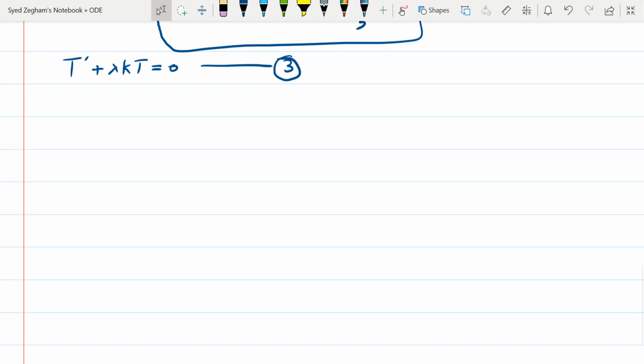Equation number 3, I will not go into much detail because this is a simple variable separable differential equation, right? So I will leave it to you.